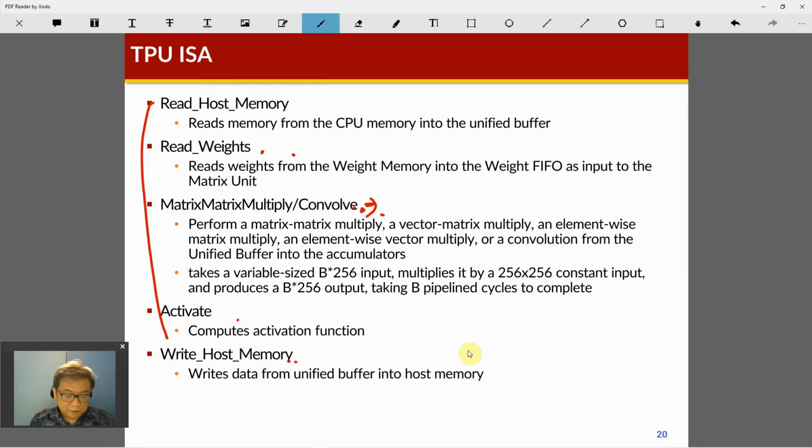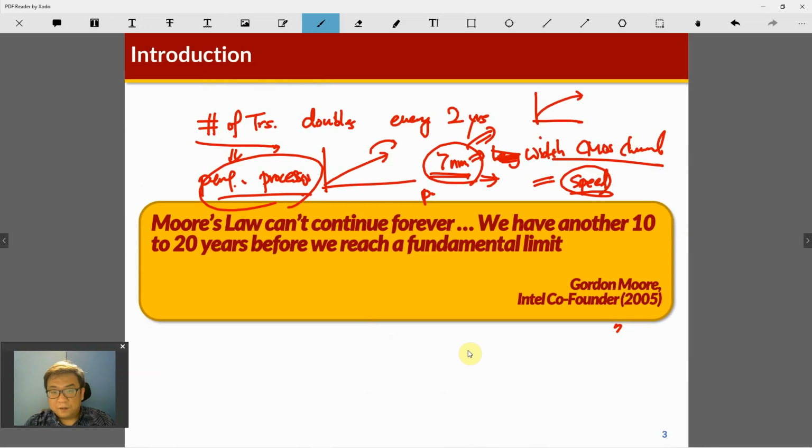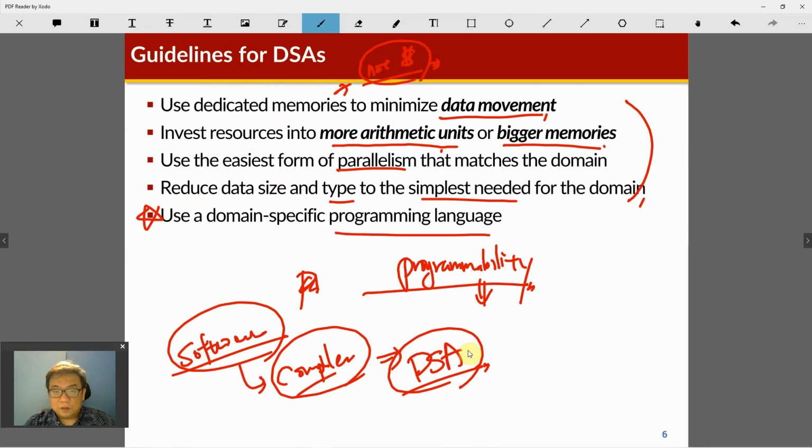Previously I said that there are some design approaches of the DSA, and you can say that is to minimize the data movement. So actually data movement is very deterministic because this TPU is designed for the neural network operation.